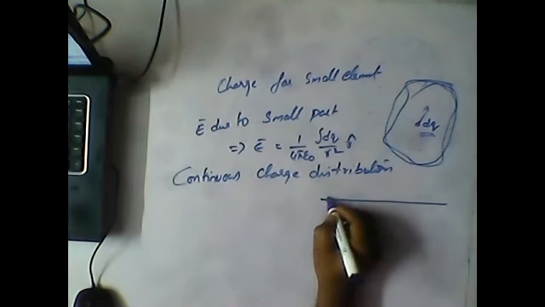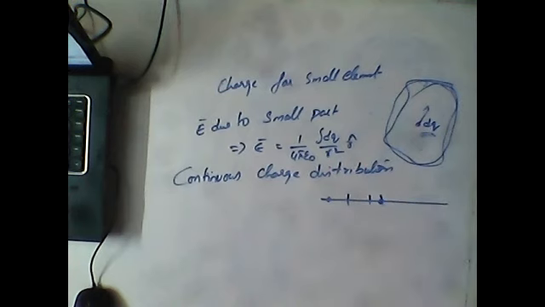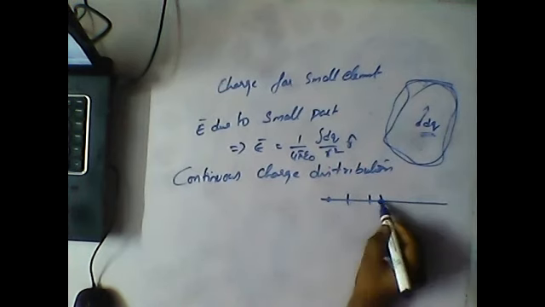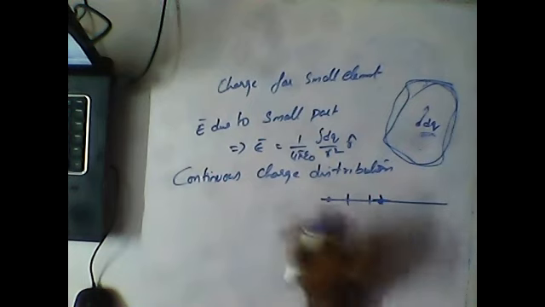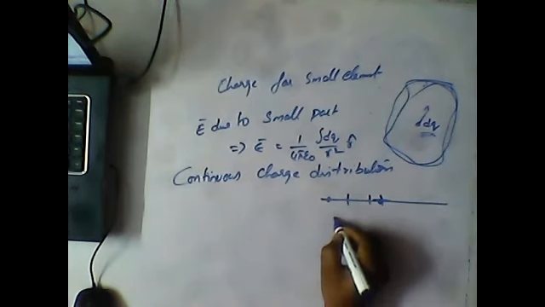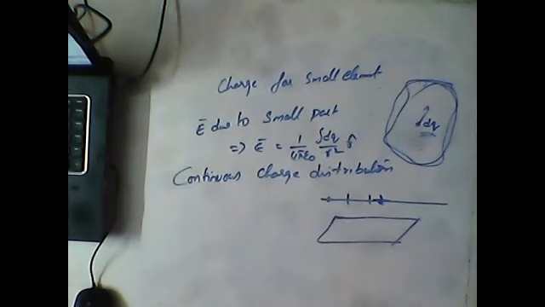If you take any single part, it will have the same cross-sectional area. This is called linear distribution, or simply linear density. If you consider a surface, it is called surface density.